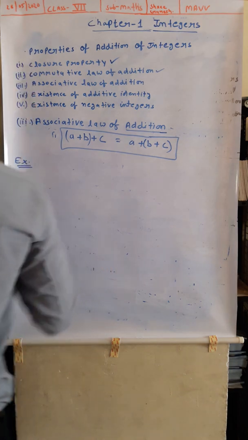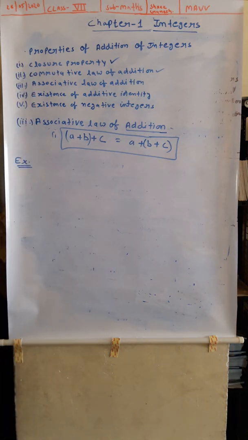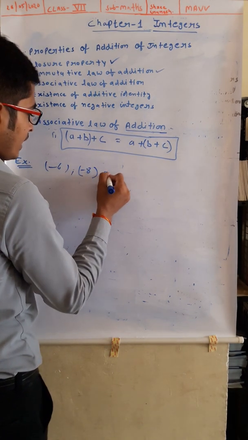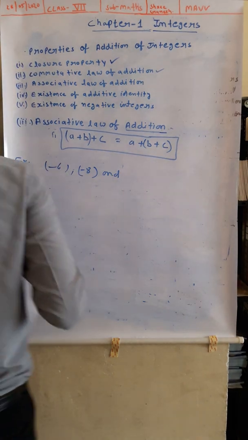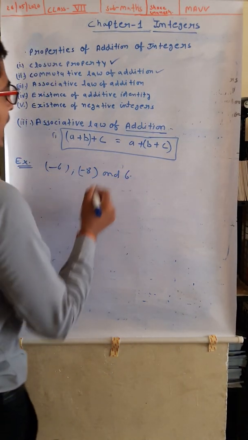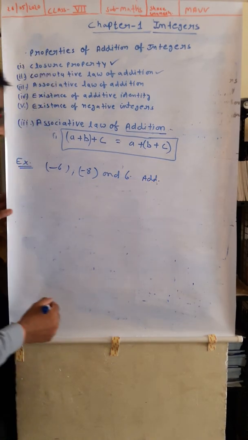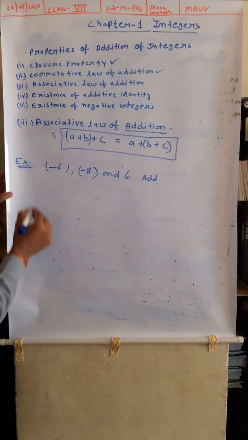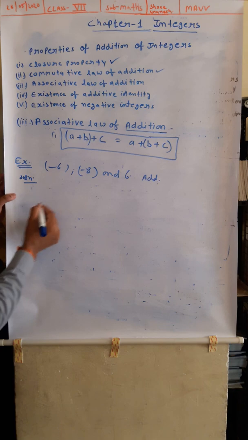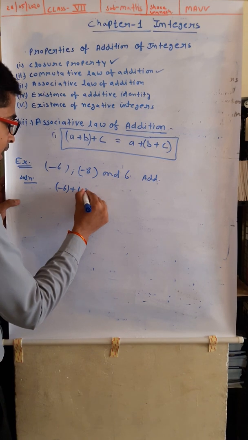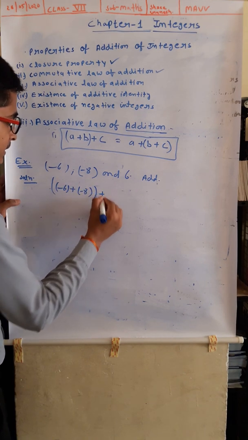Understand? Let us understand it with the help of a very simple example. Minus 6, minus 8 and 6. You have to add all these using the associative law of addition. Solution. Simply, you will write minus 6 plus minus 8 plus 6.